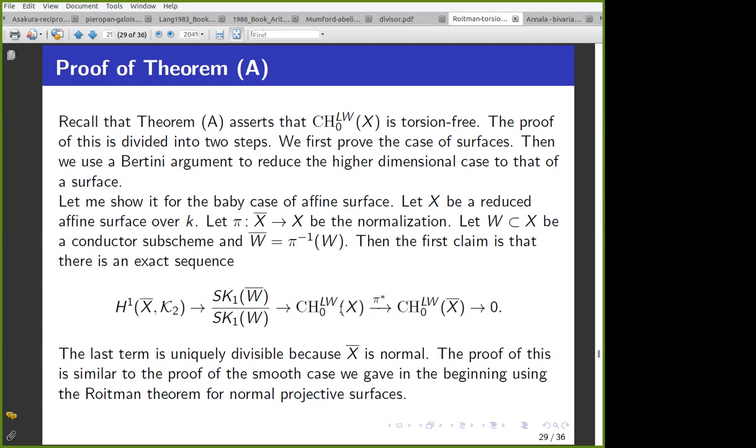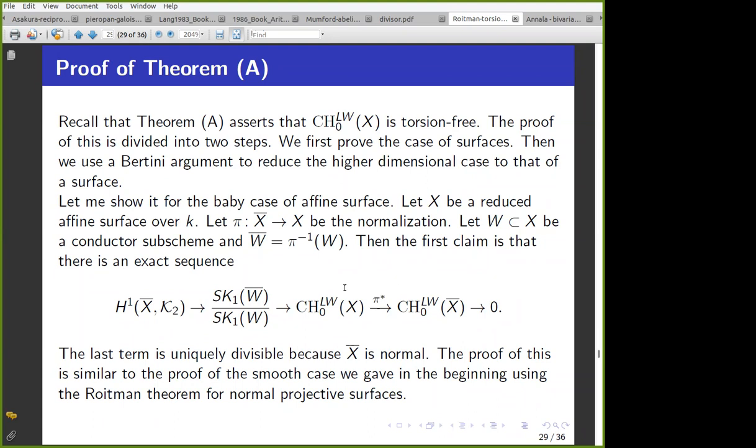It's a strong statement. It's not only true for an affine surface, but I claim it is true for almost all non-projective quasi-projective surfaces. So this proof, this exact sequence, does not work.